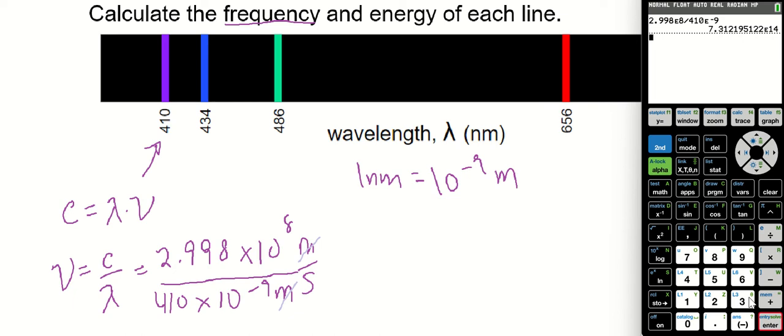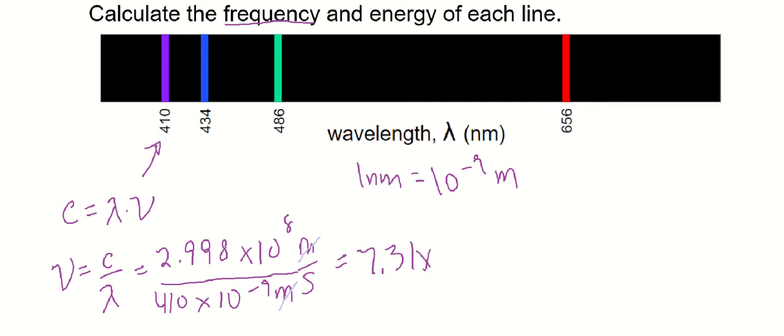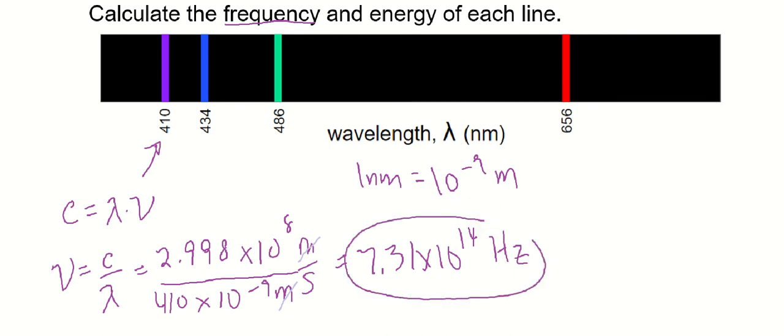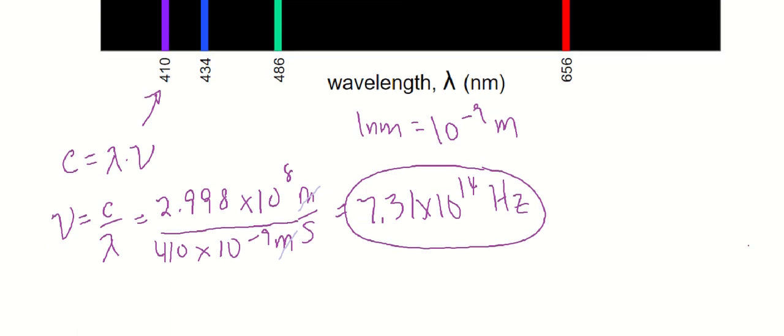So we'll give you three significant figures. If you got this on a test, we would specify 3 sig figs if we wanted it. So let's get 7.31 times 10 to the 14. You can say hertz, or you can say wavelengths per second, or cycles per second, as somebody pointed out, or per second. And that's the frequency of that purple line with a wavelength of 410 nanometers.